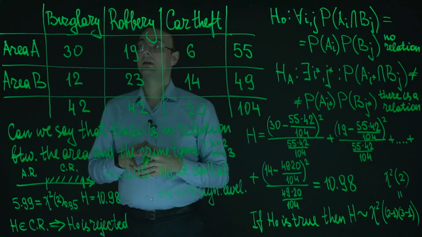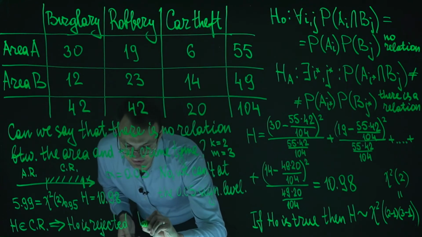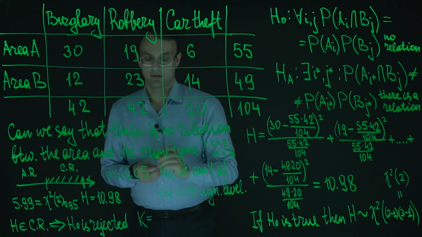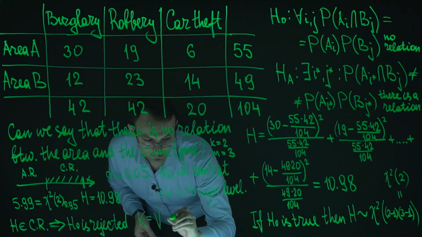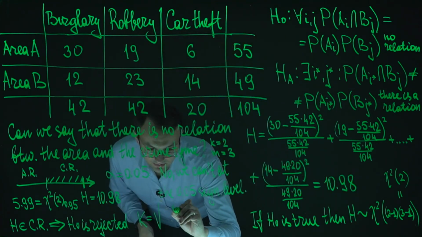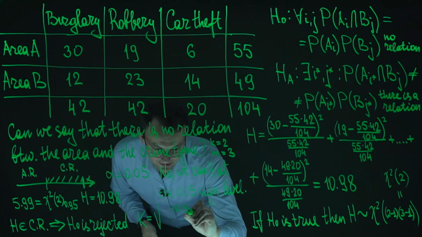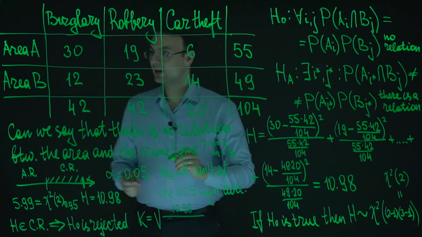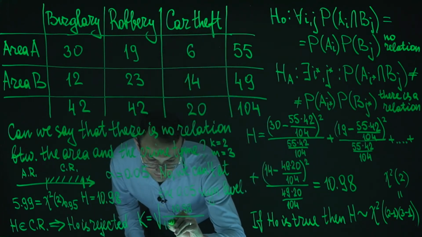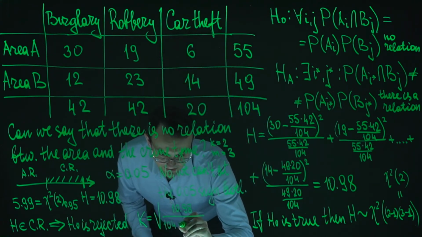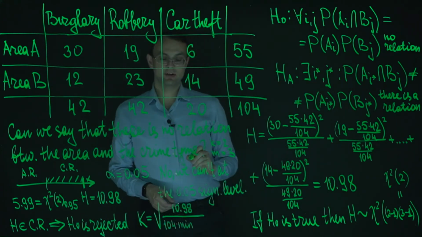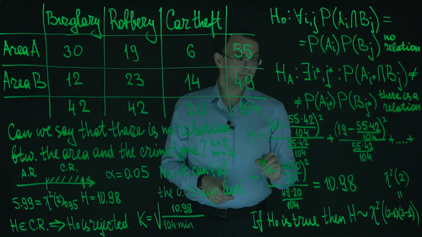The formula is that the Cramer coefficient is equal to the square root, and under the square root we have the H statistic, that is 10.98, divided by n, where n is 104, multiplied by the minimum of two values, k minus 1 and m minus 1.